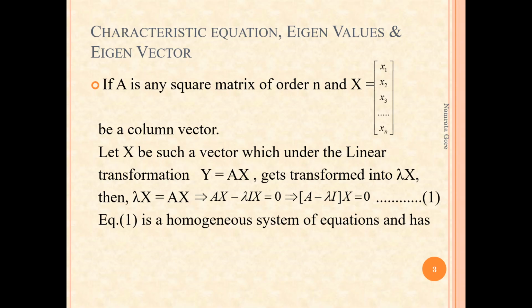This equation 1 is a homogeneous system of equations, and for this system obviously the vector X cannot be equal to 0, and hence the value of the determinant of the matrix A minus lambda I is 0, which is written as determinant of A minus lambda I equal to 0.